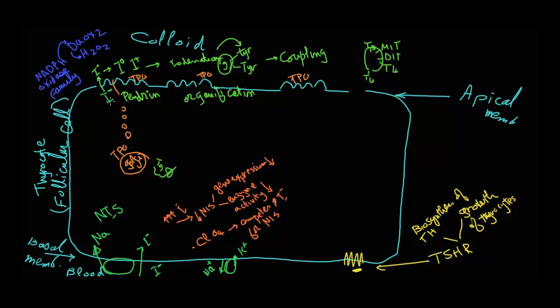To recap with this point, the three processes of iodide oxidation and iodination of the tyrosyl residues of thyroglobulin, and the coupling of iodotyrosines to form iodothyronines, or T3 and T4, on the surface of the thyroglobulin.